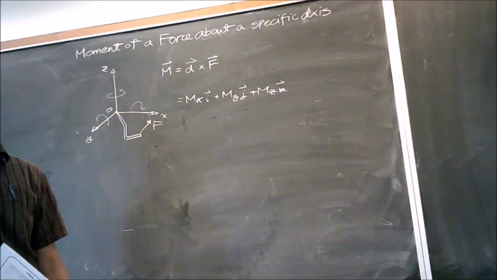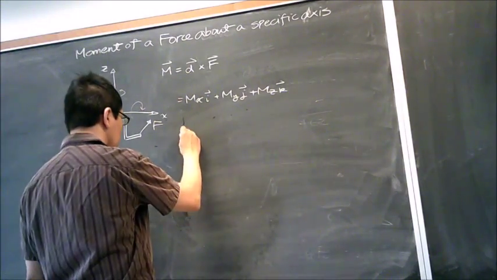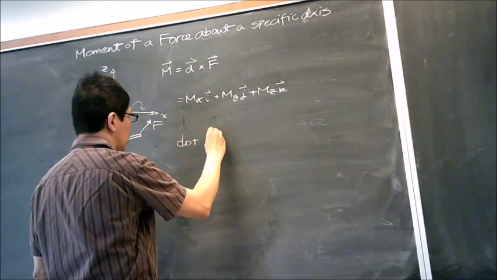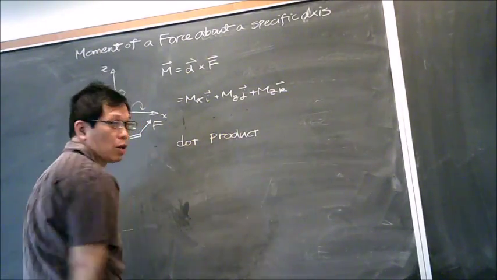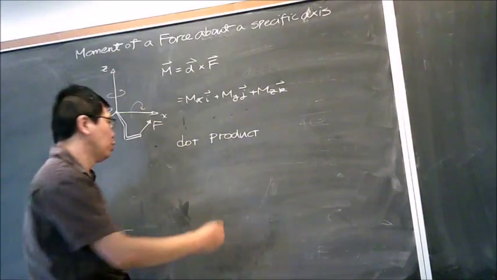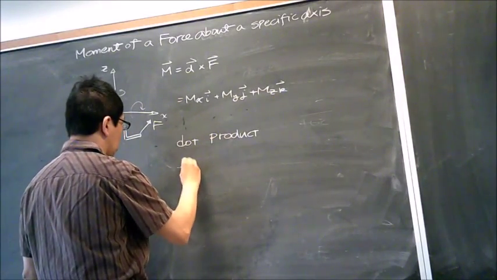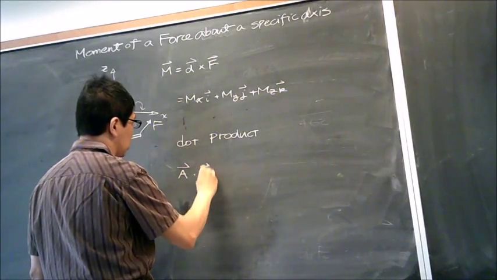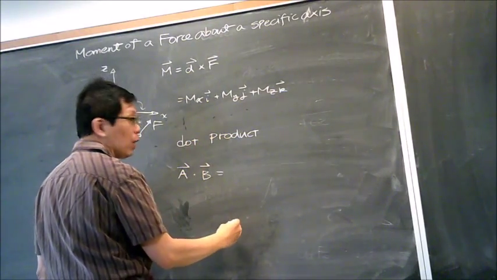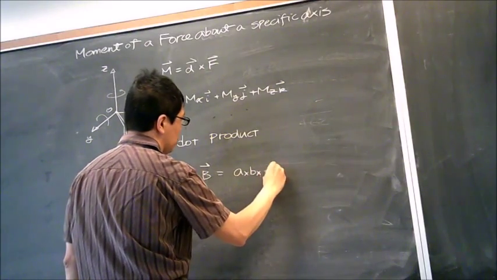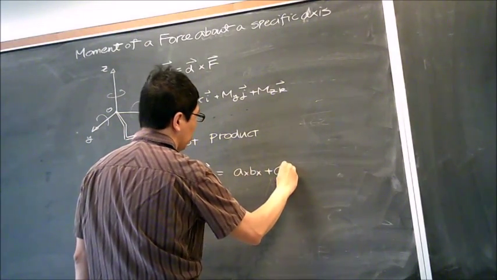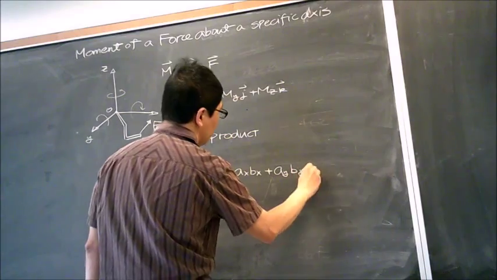Yesterday, we also talked about the dot product. You guys remember that? So if I have two vectors, A dot B, what I'm going to have is AxBx plus AyBy.